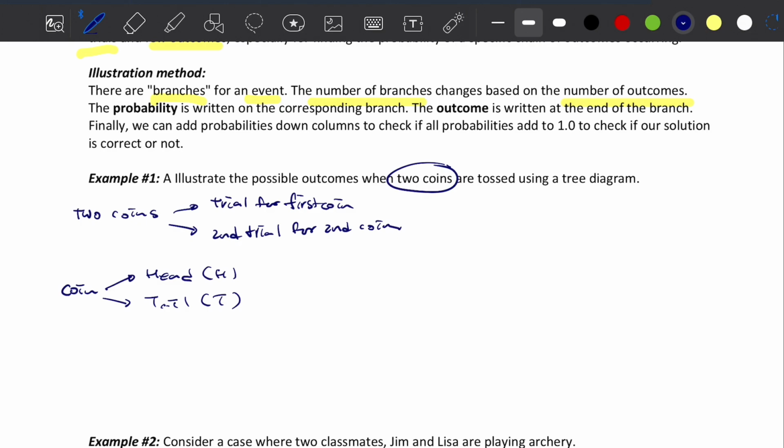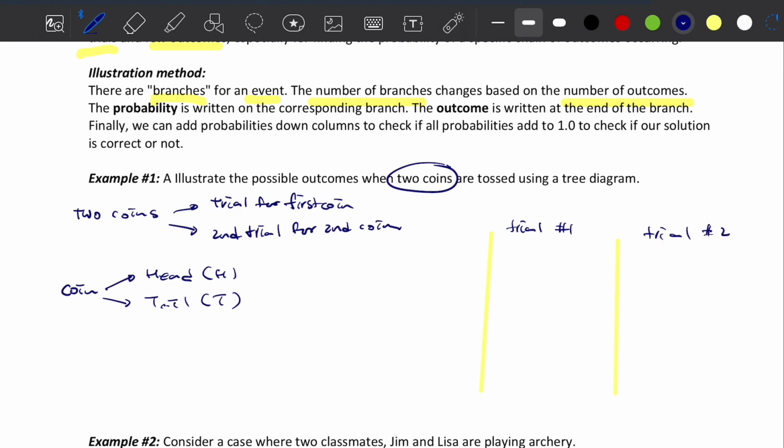When you represent this event, as I told you, we need to consider the two trials: one trial for the first coin, another trial for the second coin. So let's have two sections, trial number 1 and trial number 2.